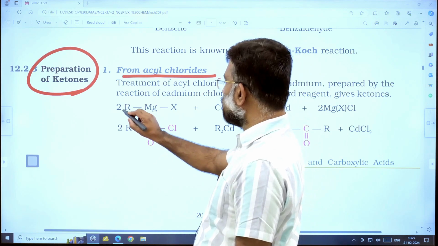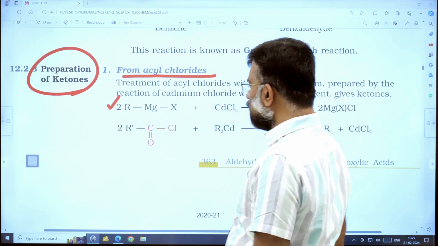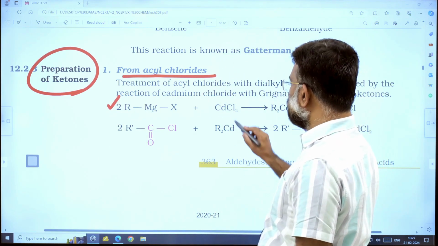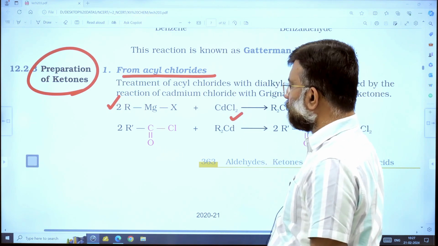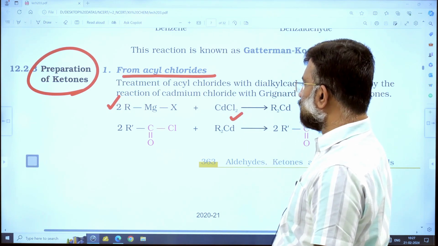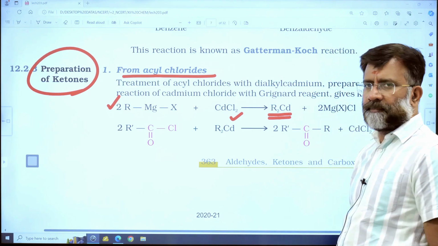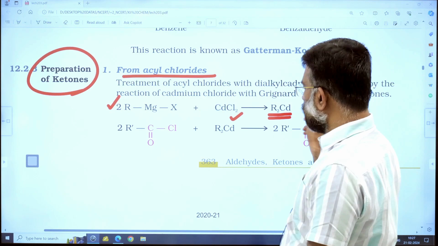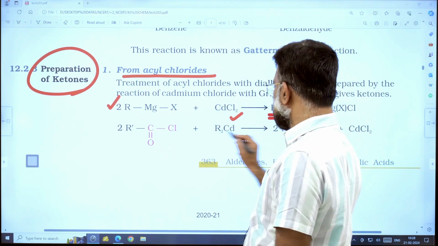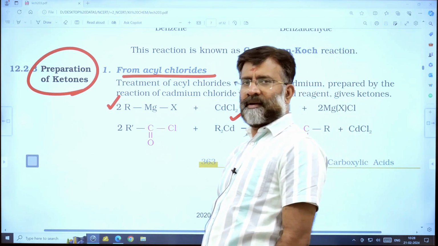take a Grignard reagent. A Grignard reagent is first treated with cadmium chloride, and we get a dialkyl cadmium. That dialkyl cadmium interacting with acid chloride gives a ketone. That is the reaction.